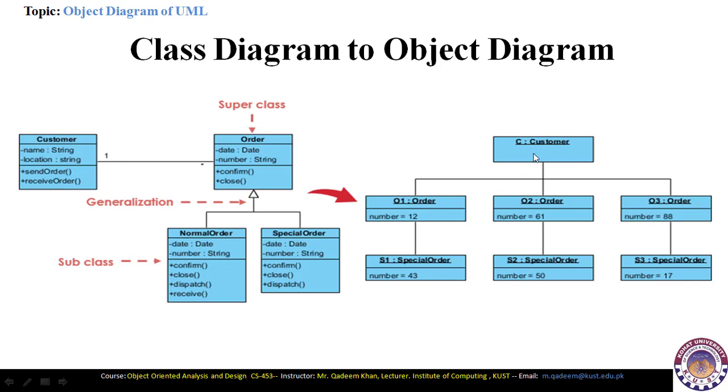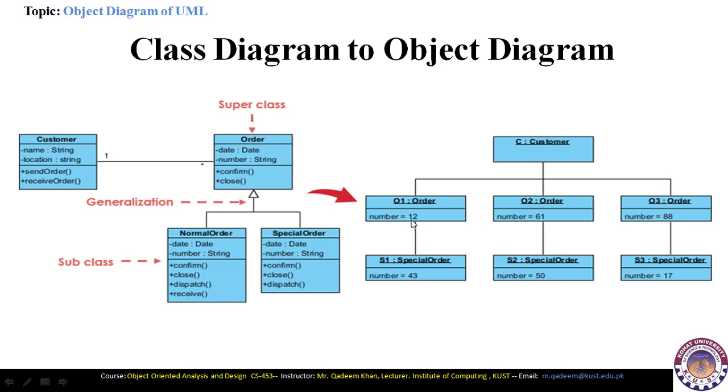So here on the top we have the customer class and C is the object. C is instantiated from the customer. Then we have O1, which is instantiated from the order class, then O2, another order instantiated from the order class, and O3 is instantiated from the order class.